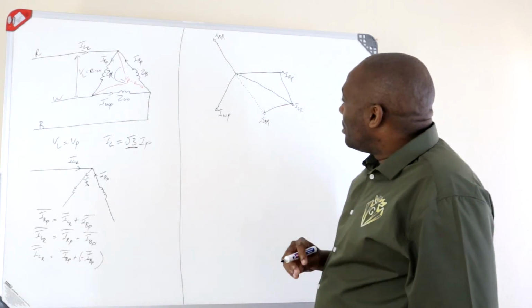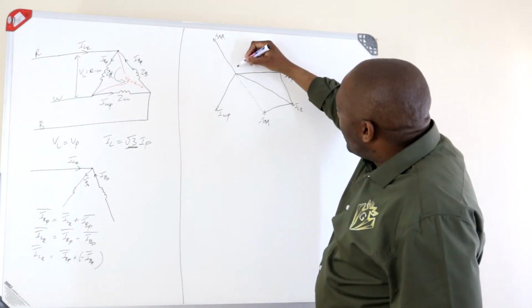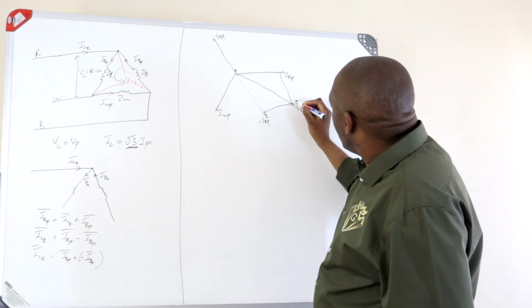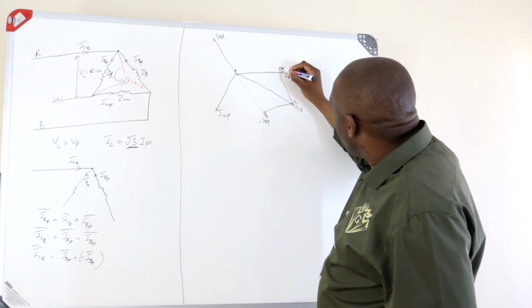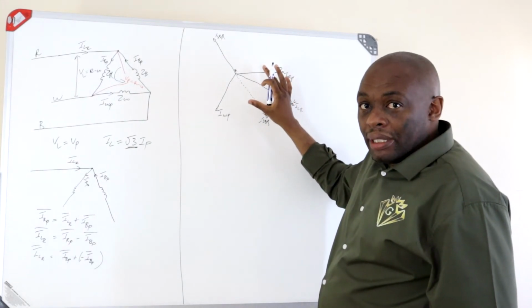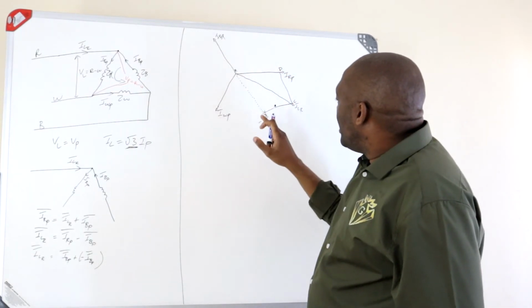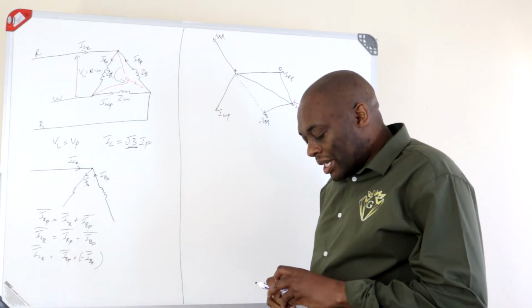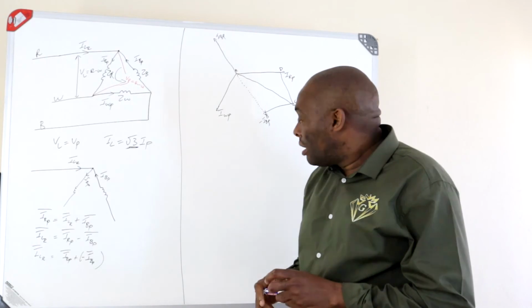So now I'm just closing this and I name these points A, B, C, D. So I'm having something like a square here that says A, B, C, D. In engineering terms, we call it a quadrilateral.